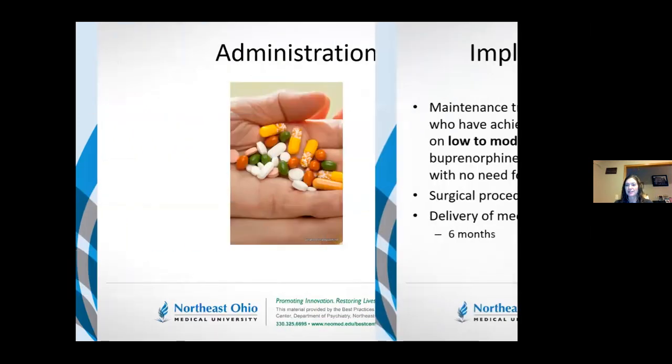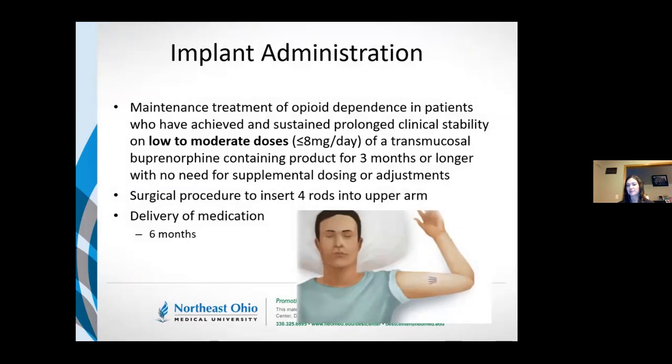So administration, because we are looking at different types of preparations, I wanted to include some administration information. So for the implant, this is for maintenance treatment of patients who've been able to be maintained on relatively low doses of the transmucosal buprenorphine products. So they could be on buprenorphine alone or the combination, but they have to be on 8 milligrams or less a day for 3 months or longer, to show that they're stable.